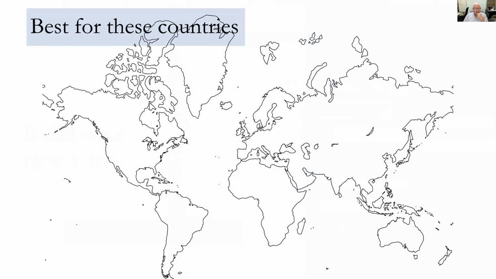So what's Ancestry best for? If you were doing research in some countries, why would you want to get into Ancestry? Of course, the British Isles is a big place.